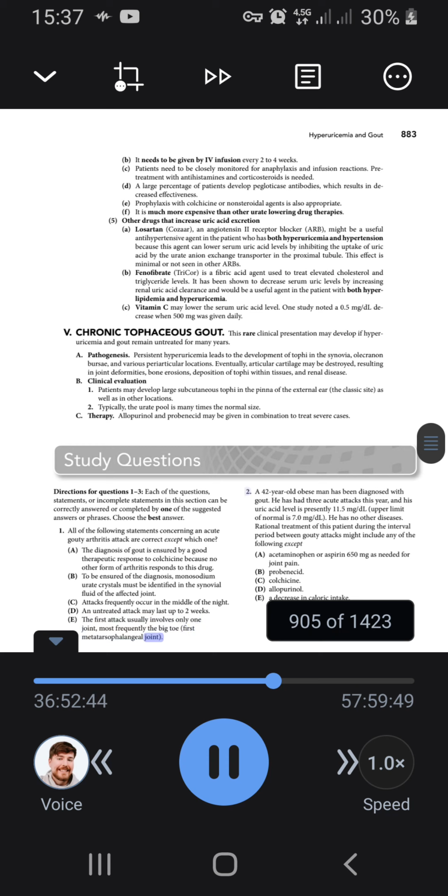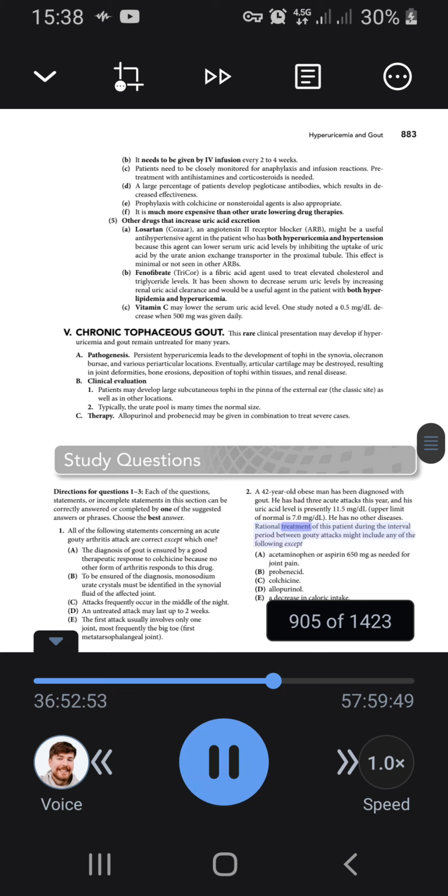2. A 42-year-old obese man has been diagnosed with gout. He has had 3 acute attacks this year, and his uric acid level is presently 11.5 milligrams per deciliter. Upper limit of normal is 7 milligrams per deciliter. He has no other diseases.